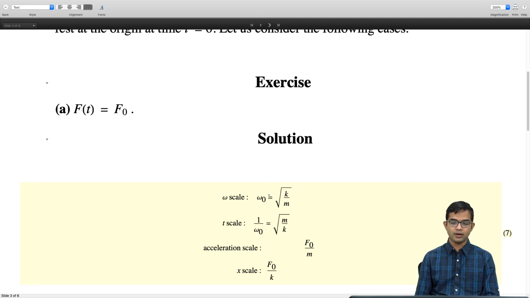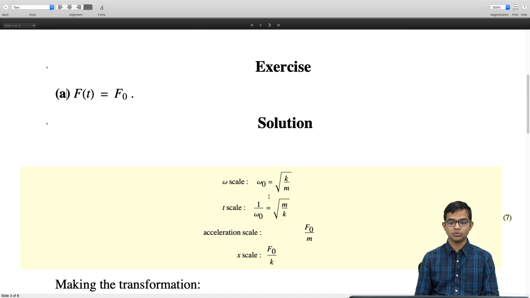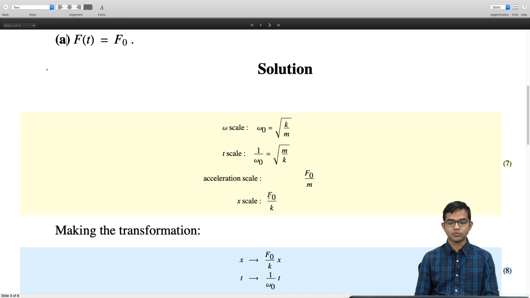So once we have position and time scales, these are the two critical ones, we make the transformation. Wherever you find x, you replace it by the position scale times x. So now the new x is a dimensionless position in some sense. It seems contradictory: on the one hand we are calling it position, but also saying it's dimensionless.